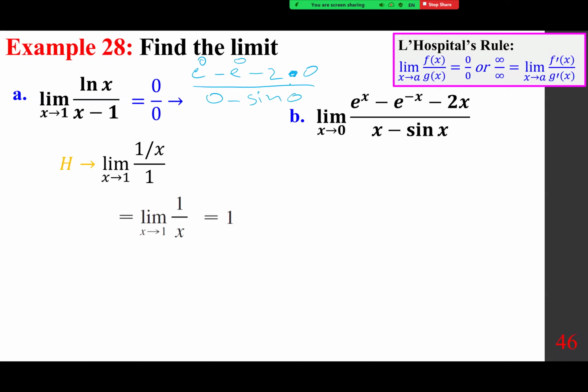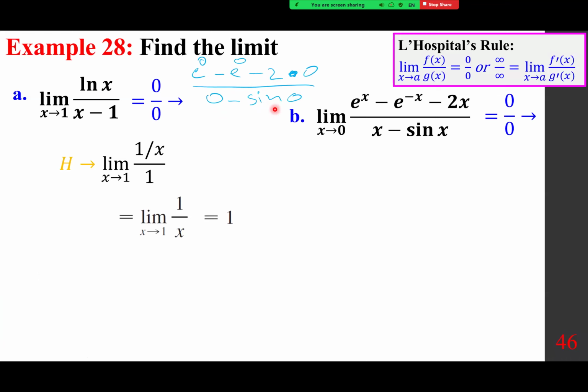I hope you realize this is 1 minus 1, which makes it 0, minus 2 times 0, which makes it 0. Sine of 0 is also 0, so you get 0 over 0. So you prove it's 0 over 0, therefore you can use L'Hopital's rule.